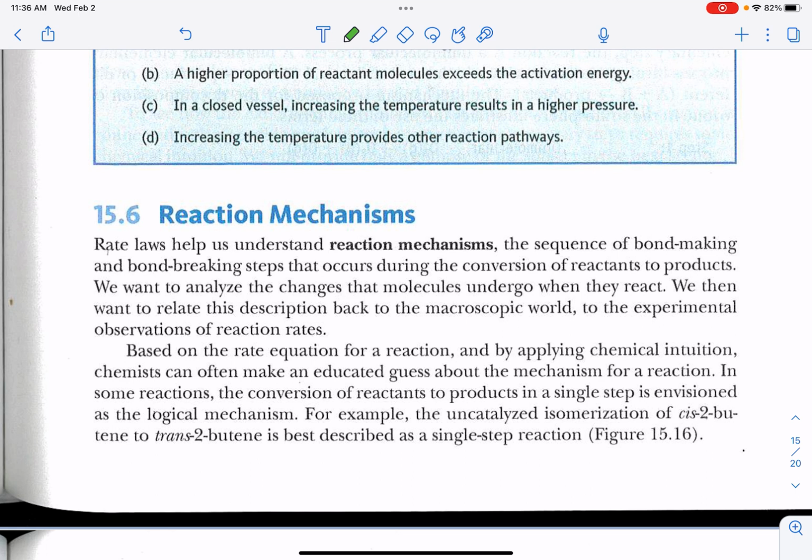But using some chemical intuition, using some common sense, using some logic, we can often gain an idea as to what that mechanism is likely to be and sort of deduce a mechanism that is consistent with what we know about reaction kinetic rates and consistent with what we know about particles colliding with each other in the collision theory. Remember, the particles that we're talking about might be molecules, they might be atoms, and they might be ions.